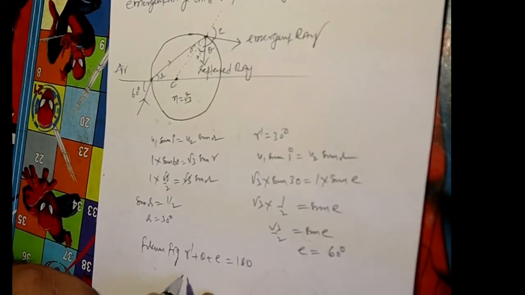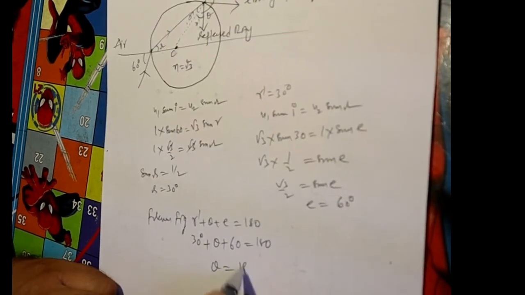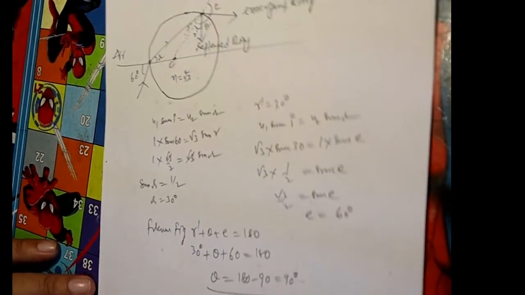So here R dash is equal to 30, plus theta value we don't know, plus angle of emergence is equal to 60, is equal to 180. Now theta is equal to 180 minus 90, that is equal to 90 degrees. So what is our option here?